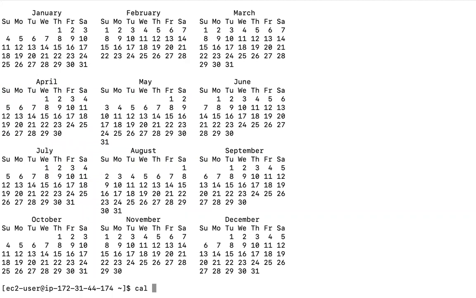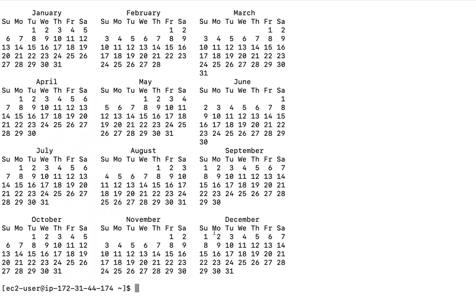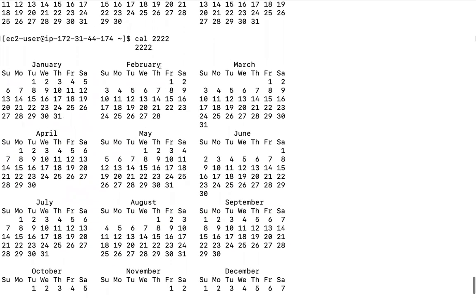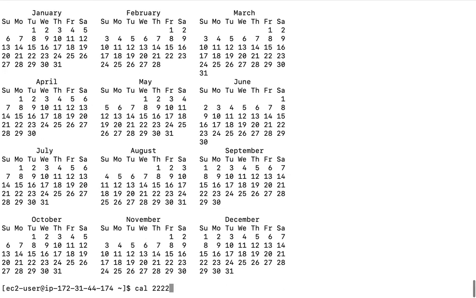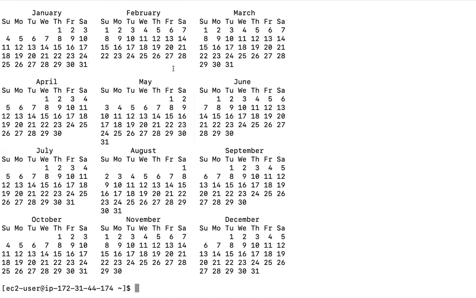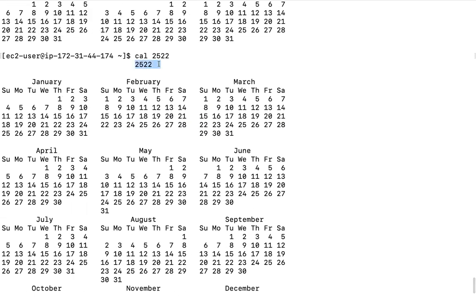If I want 2222, will it print? Yes, it is printing. Like a calendar a couple of hundred years later. Right, guys? So we have the capability to print the calendar of multiple years ahead.